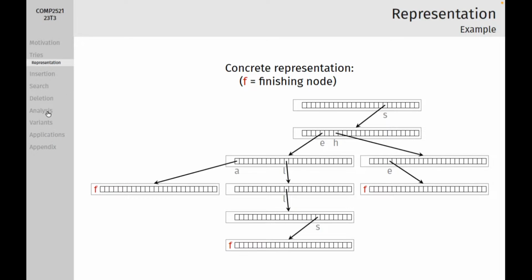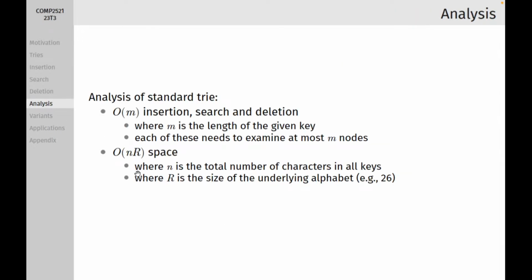A standard trie, or trie implemented this way, takes up O(nr) space, where n is the total number of characters in all the keys, and r is the size of the underlying alphabet, for example, 26. So a standard trie takes up a lot of space. So what are some methods to save space? And we'll talk about this after the break.